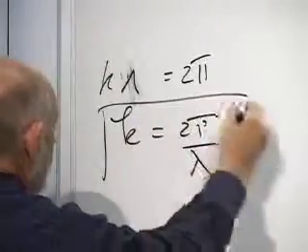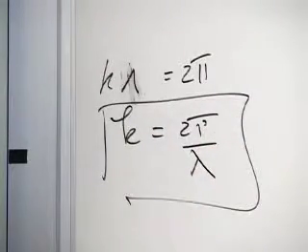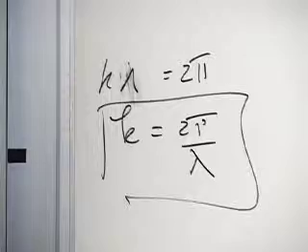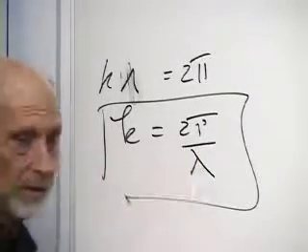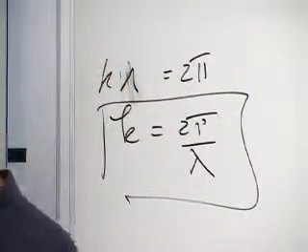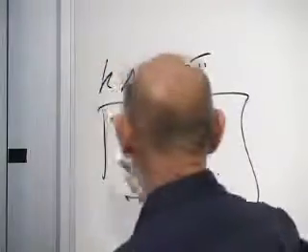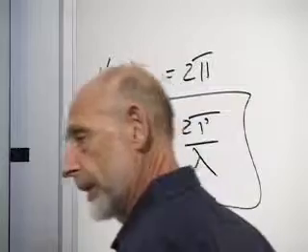So that's the relation between k and wavelength. When wavelength is big, k is small. When wavelength is small, k is big, and there's a 2 pi relating them, but they're closely related.